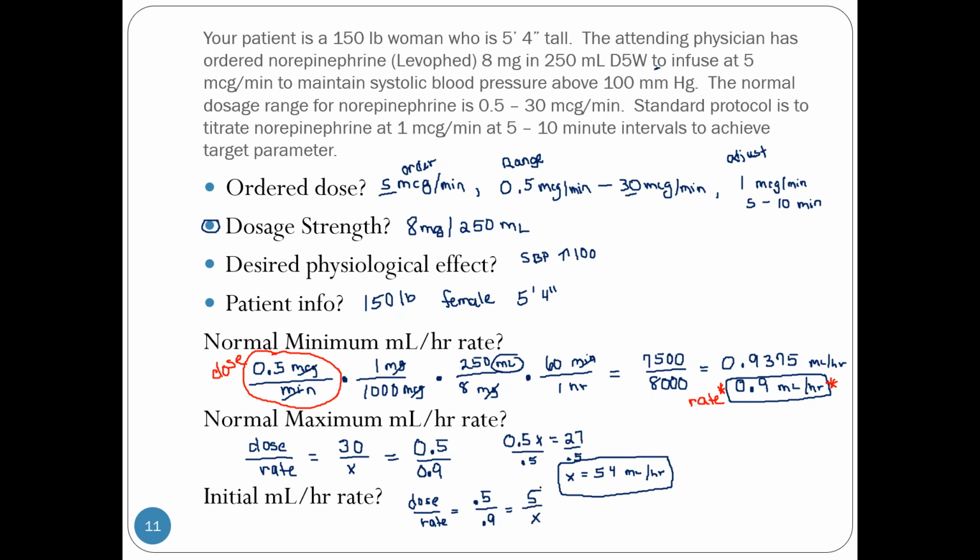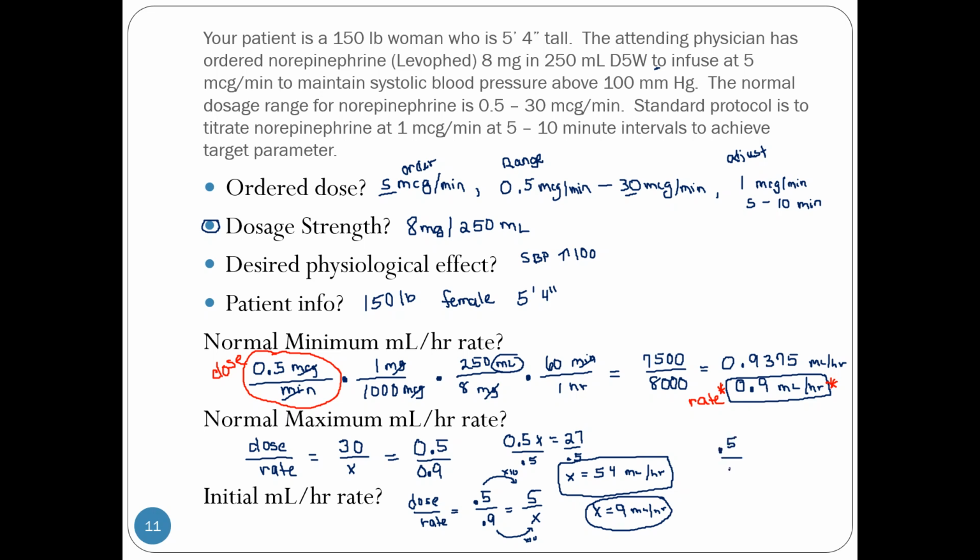Now, this is another one of those that you may immediately notice a pattern. We went from 0.5 to 5, so that is a times 10. And so that would take us from 0.9 times 10 to X equals 9. And so if you notice that pattern, absolutely use that to shorten your math. If you don't notice the pattern, you can use the cross product.